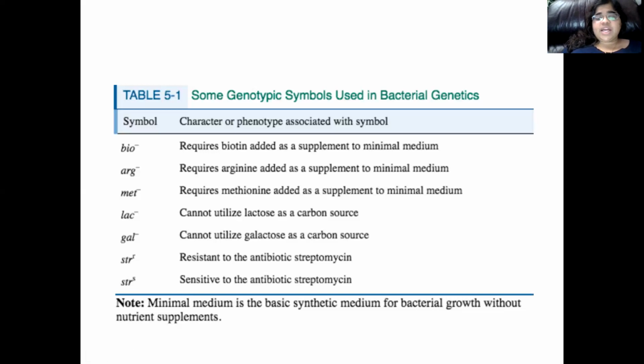Whereas if you have STR with a superscript R, you know that it is resistant to streptomycin, right? So these are some examples of how you would use those. There are many more, but in this, we're just going to focus on these.